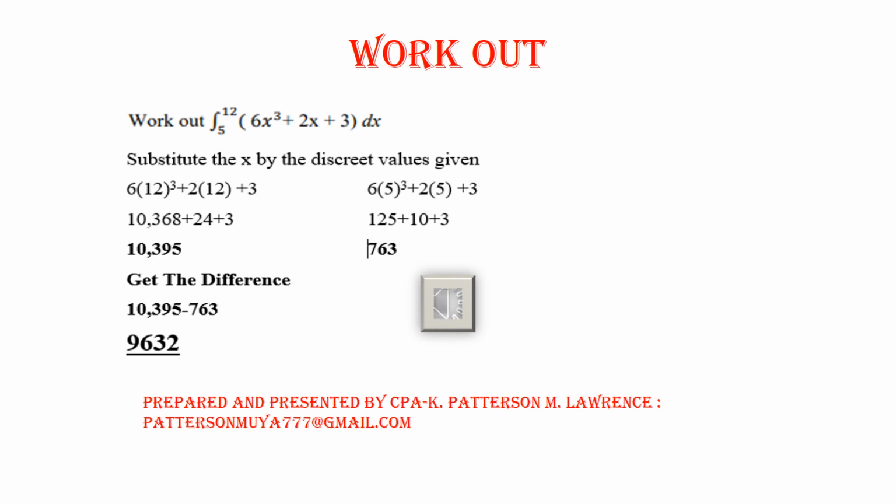I determine the difference between the two: 10,395 minus 763. Ultimately, I will end up getting 9,632. Therefore, 9,632 becomes the area under the curve from 12 to 5 of the function 6x cubed plus 2x plus 3.